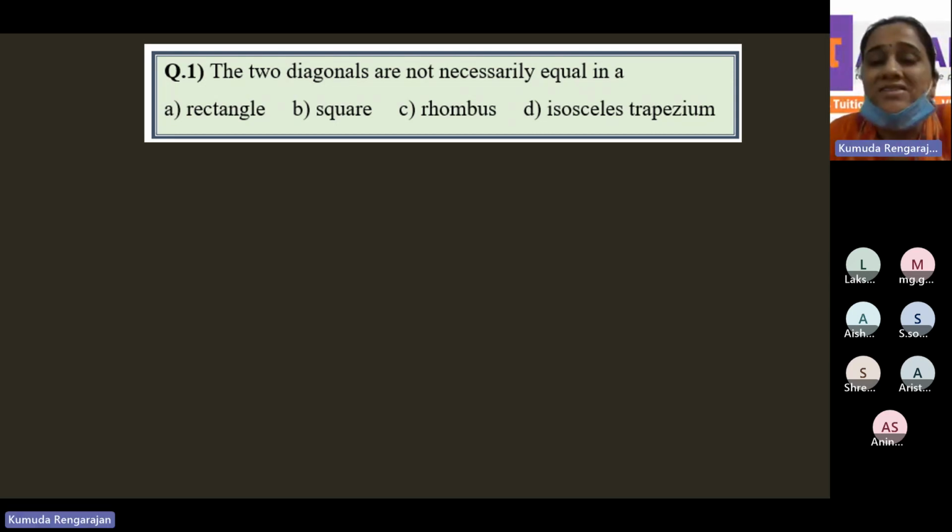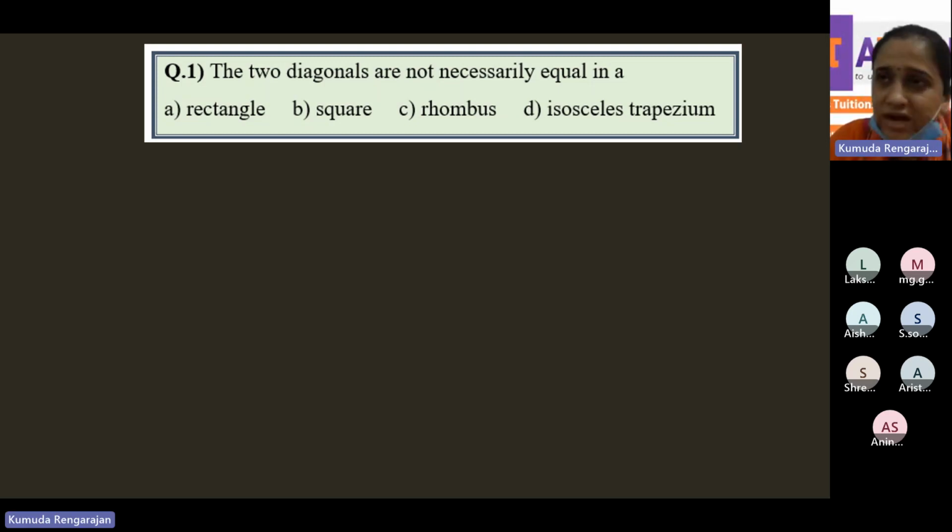The two diagonals are not necessarily equal in a rectangle. In a rectangle, the diagonals are equal. If it is a square, the diagonals are equal. If it's an isosceles trapezium, the diagonals are also equal. But in a rhombus, the diagonals are not equal.